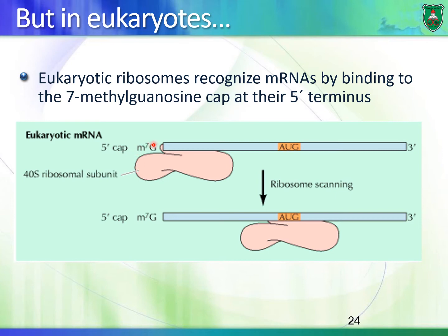Well, this is it. So the small ribosomal subunit recognizes the cap. Now it knows that this is the 5' end of the messenger RNA, and it looks for the AUG that comes right afterwards. So this is the untranslated region of the messenger RNA.